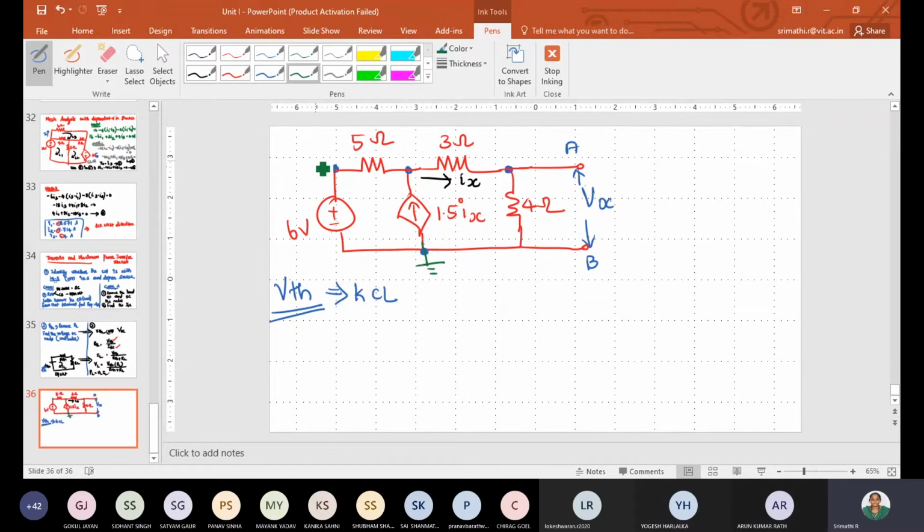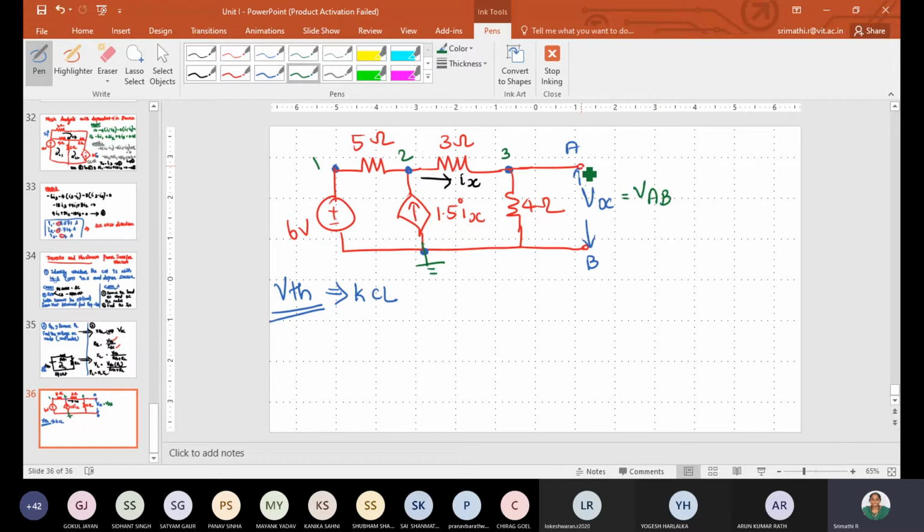So this is the first node, this is the second node, this is the third node. Am I right? The third node is VOC, or VAB I can write. So let me write this as VOC itself, then it will be easy for me. This is V1, V2.